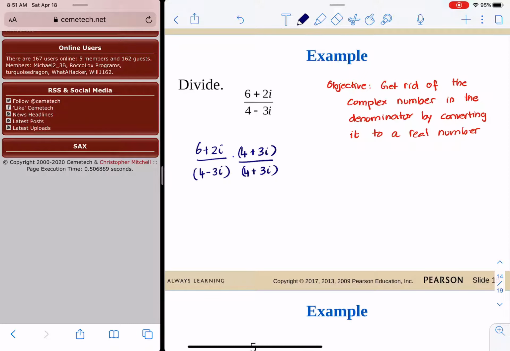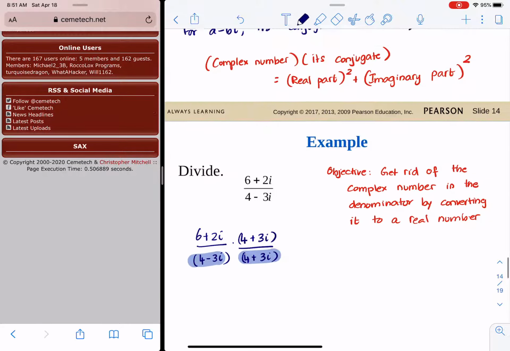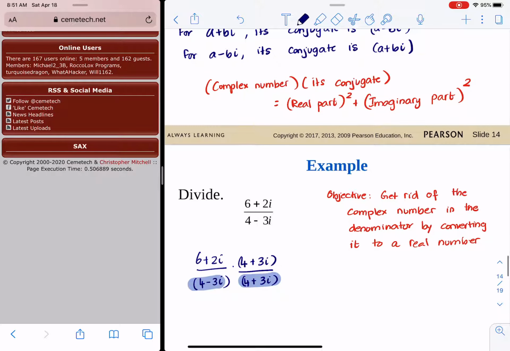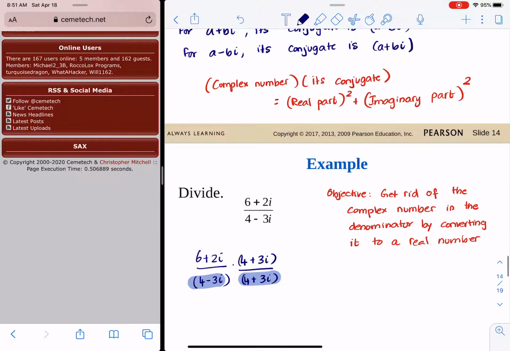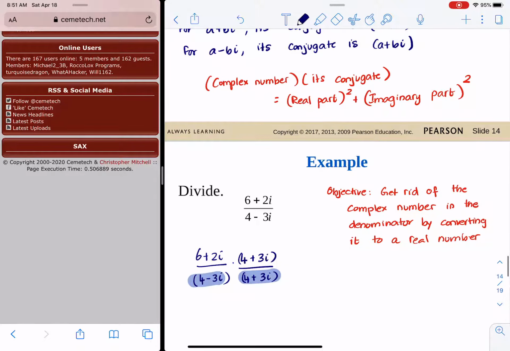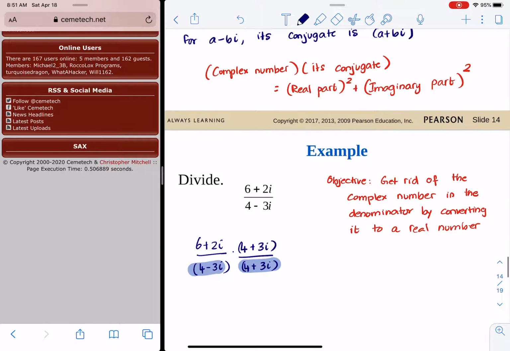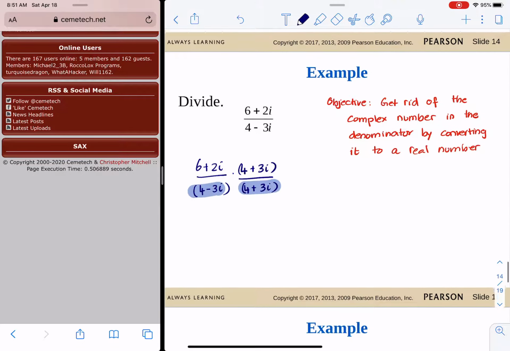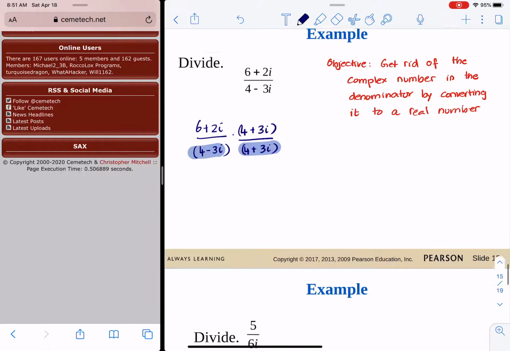So now, in the denominator, we have a complex number multiplied by its conjugate. And what do we know about that from the previous explanation? If we multiply a complex number by its conjugate, all we have to do is square the real part, square the imaginary part of the complex number, and add.